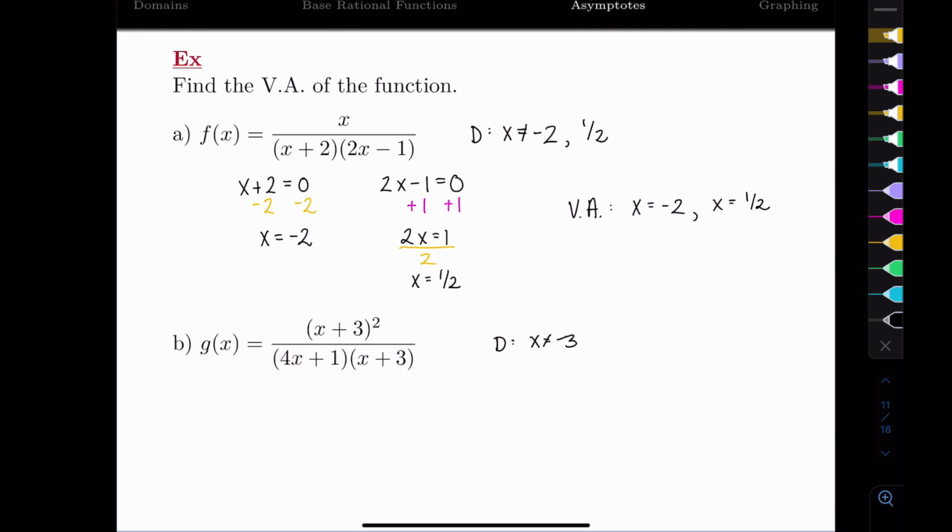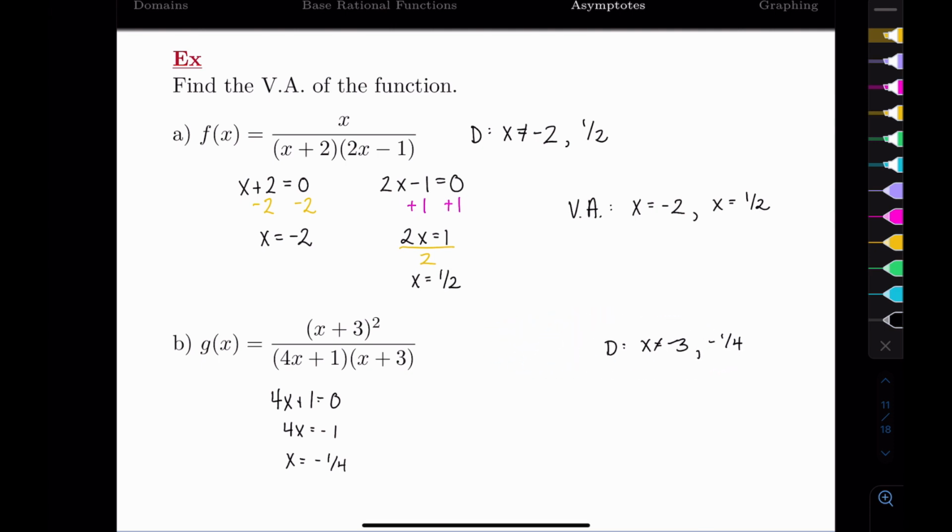And for the second one, if you let 4x plus 1 equal 0, we're kind of double dipping our work. This is 4x equals negative 1, and when we divide we get negative 1/4. That is our other problematic number. So our domain excludes both of these.